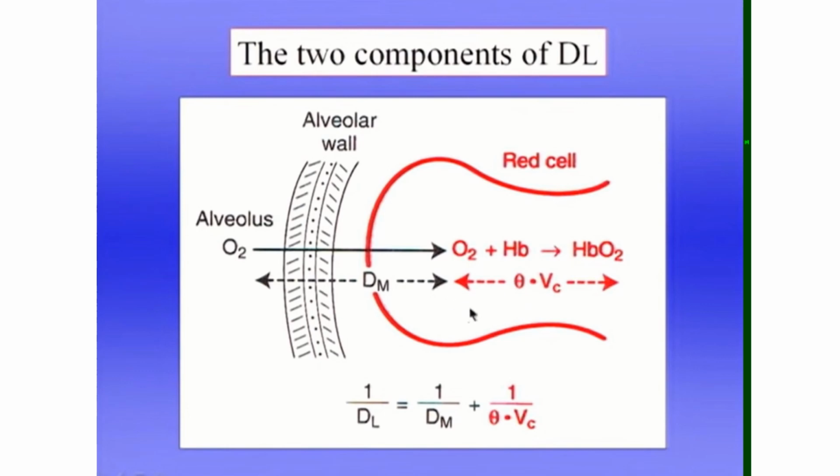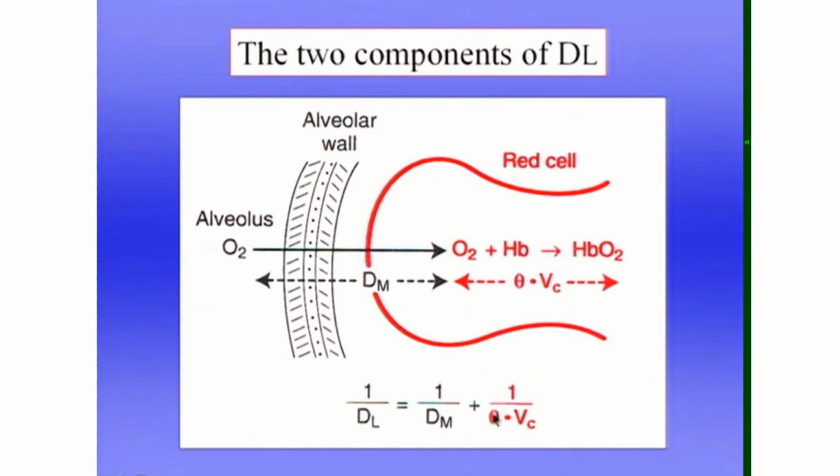If we raise the PO2 in the alveolar gas, because both oxygen and CO are competing for hemoglobin, theta for carbon monoxide is reduced. If we reduce the partial pressure of oxygen in the alveolar gas, theta for CO is increased because it doesn't have so much competition for the hemoglobin.